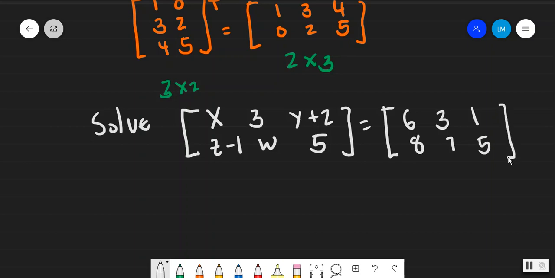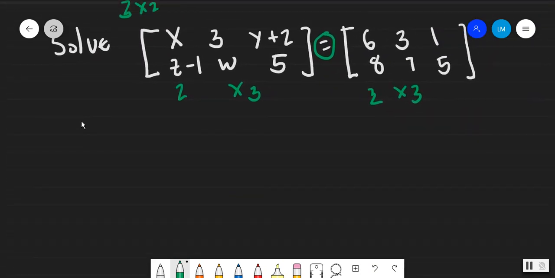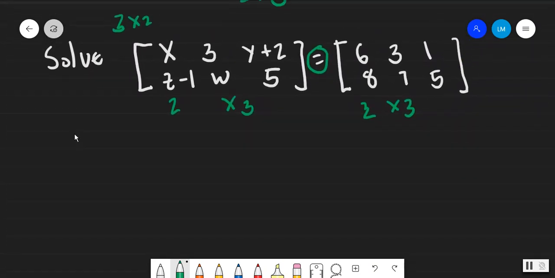Now notice that we have equality, so there's actually a lot being said there. This is a 2 by 3 matrix and this is a 2 by 3 matrix, so that means that the entries must be equal. If we do this problem, basically all we need to do is solve for the variables.